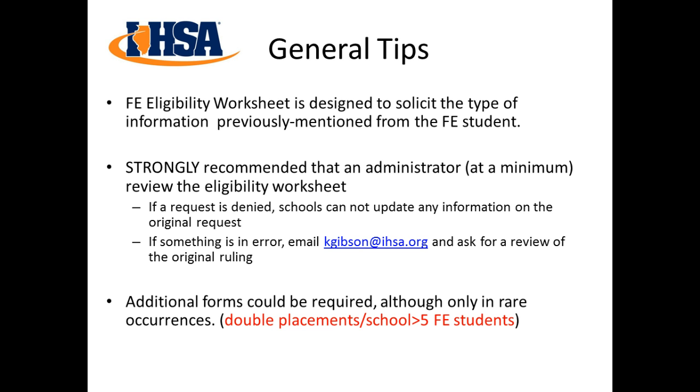But if a ruling comes back and a student is denied their eligibility and a school wishes to appeal that, what the school needs to do is submit in writing an email to Kurt Gibson, and you see the email address here on this slide, that explains what additional information the school might have that could be considered for a review of the initial ruling.